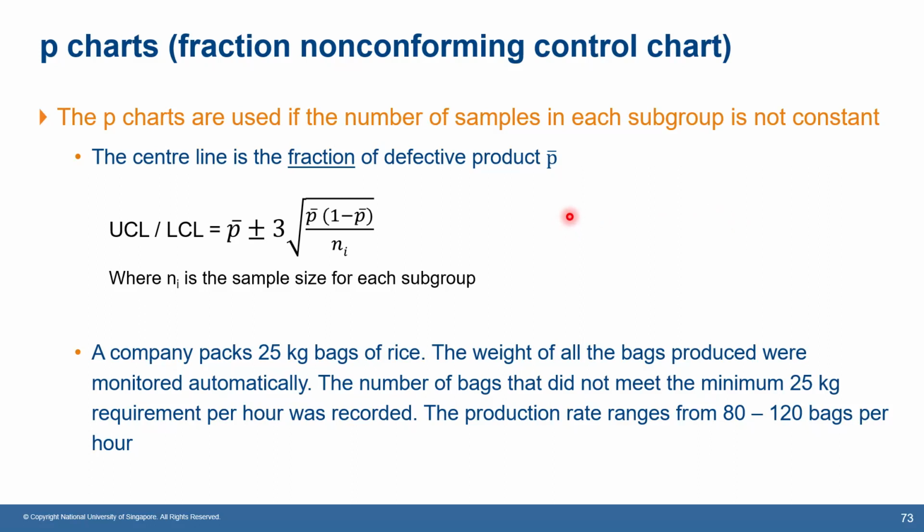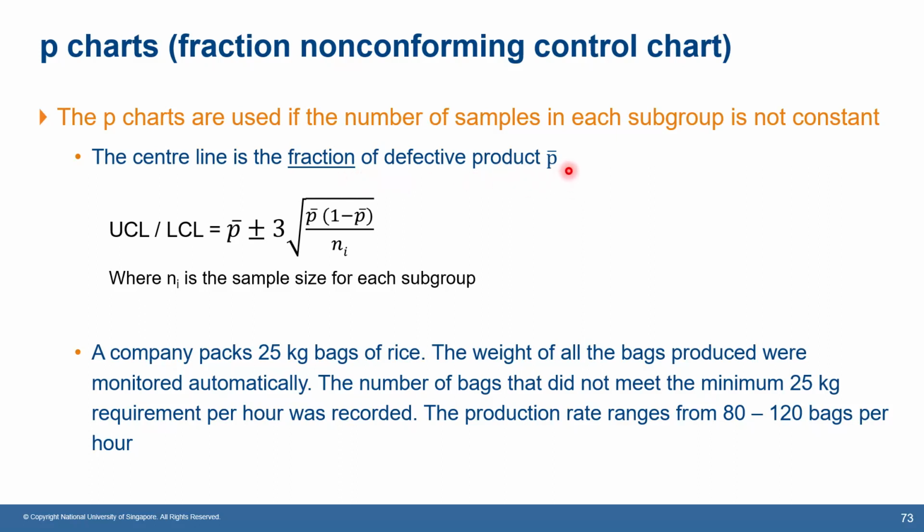So remember, we also talked about if the number of samples in each subgroup is not constant. If it's not constant, then you cannot use the NP chart. So now we'll be using the P chart instead. P simply means that the center line is the fraction, the proportion of defective products.